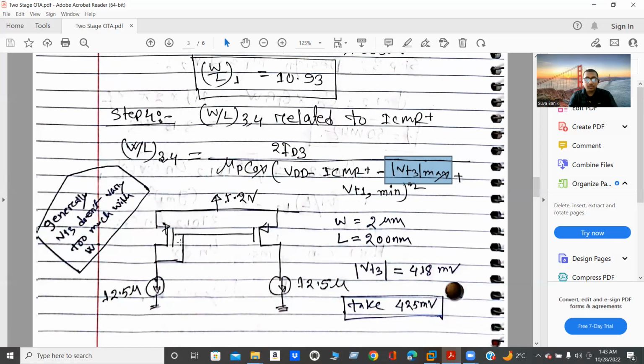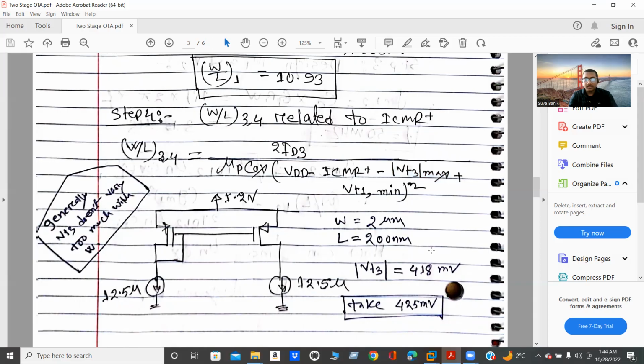However, the threshold voltage of PMOS does not vary too much with width. Therefore, I can take an arbitrary width. In this case, I took 2 micrometer as a width, and I found VT3 is 418 millivolt.